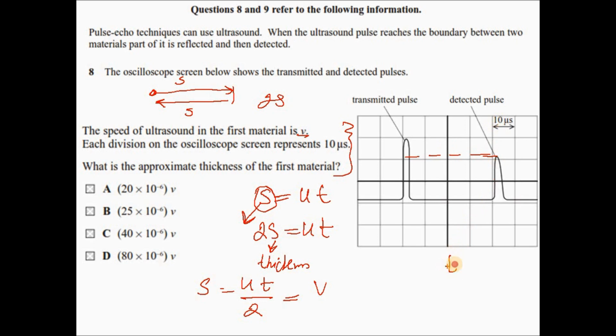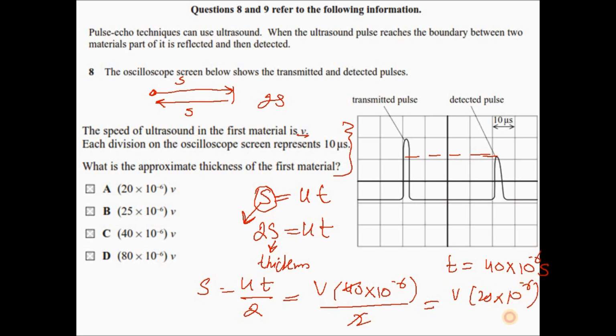So total time between these two is 40 microseconds, and micro means 10^-6 second. So v times 40 times 10^-6 divided by 2, and you can cancel 2 and 40. So v times 20 times 10^-6. So your option is 20A.